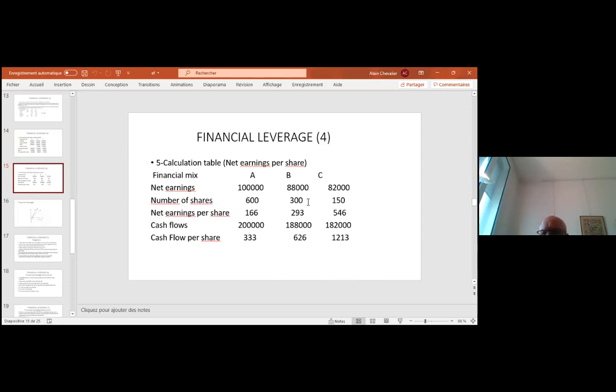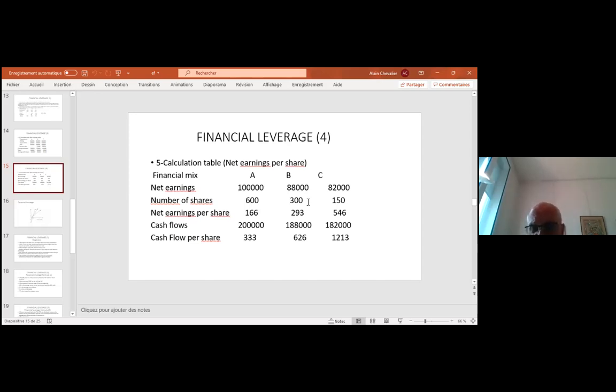That means we have validated what we found on the graph for an EBIT of 48,000 in the two first cases. We found, with this calculation, an earning per share equal to 40.